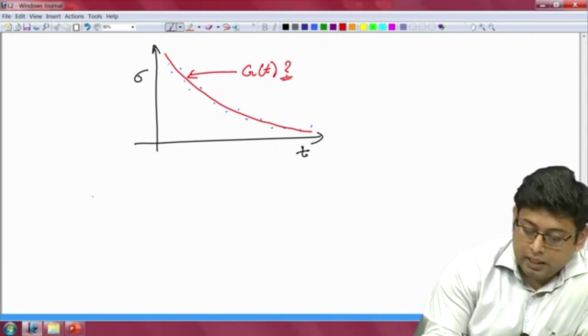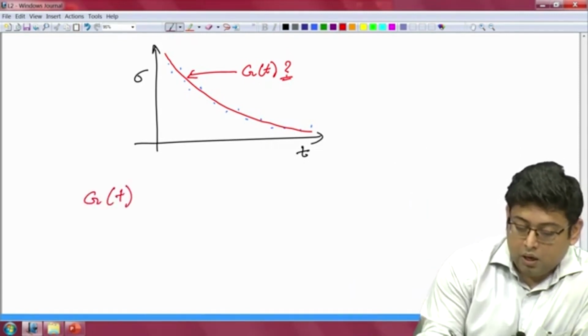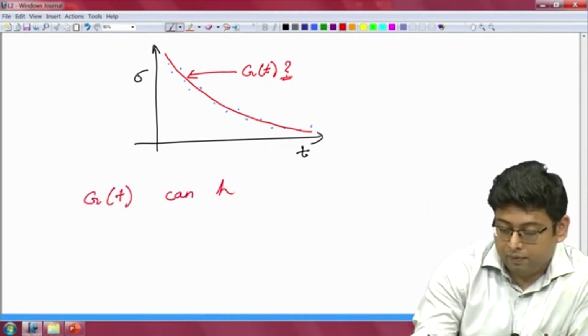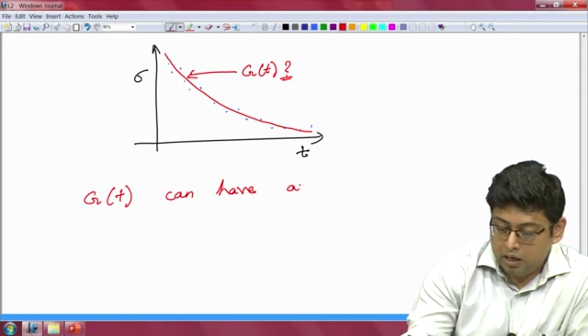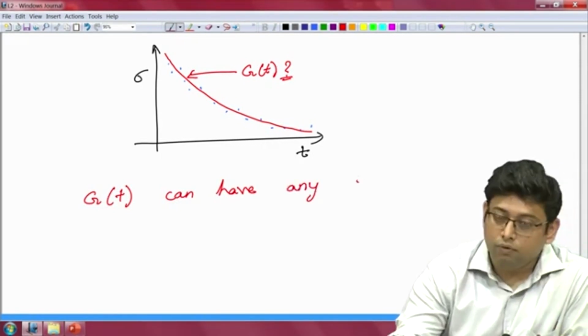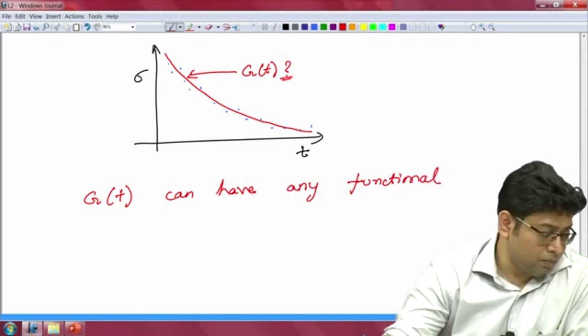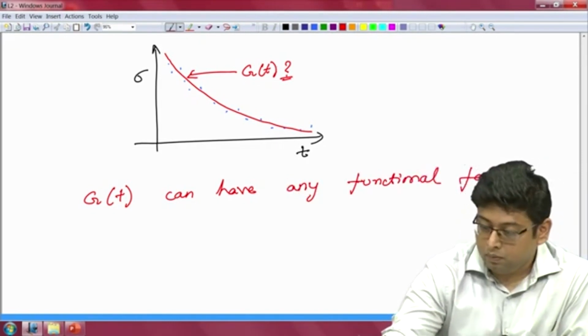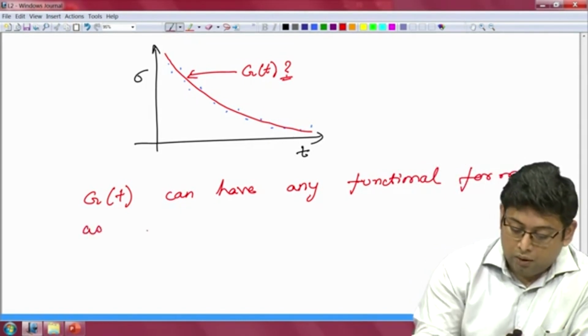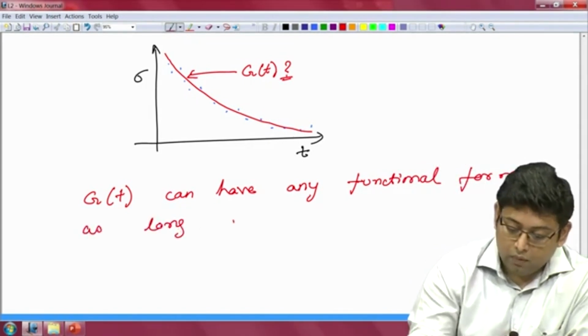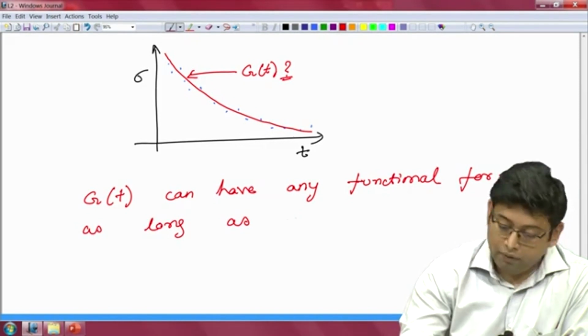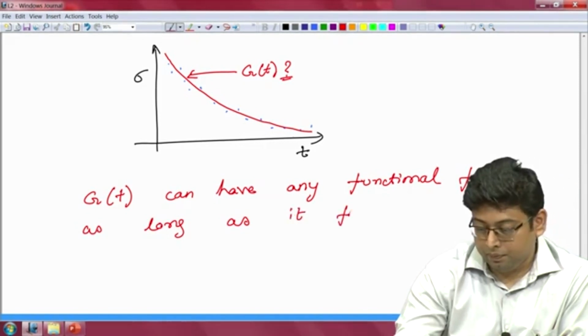Now, GT, it turns out, can have any functional form as long as it fits the data.